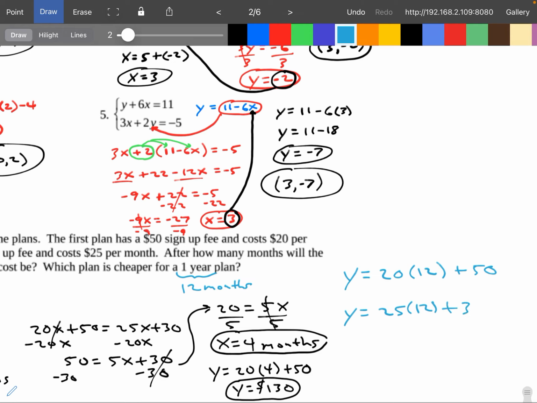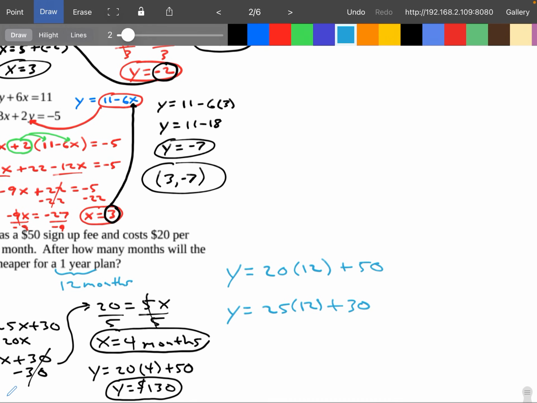That would look like y equals, I can't remember what the equations were, 20 times 12 plus 50. The other one would be y equals 25 times 12 plus, what was the other b? 30?